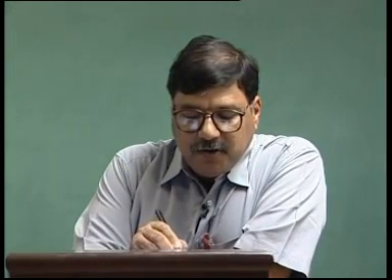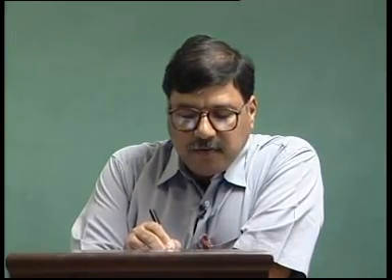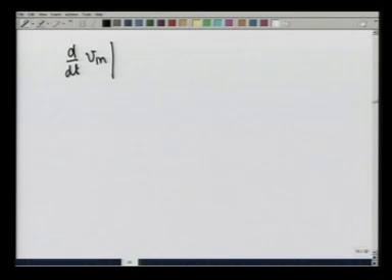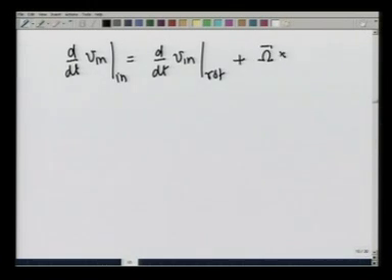We are calculating d/dt of v observed in the inertial frame, which is equal to d/dt of v inertial frame as observed in the rotating frame, plus omega cross v inertial.